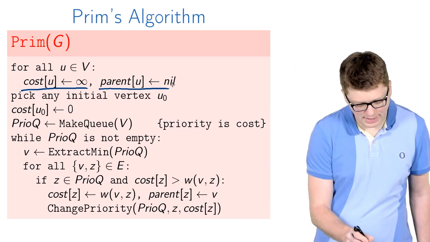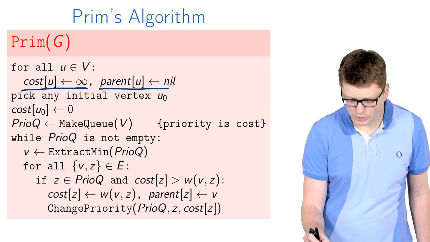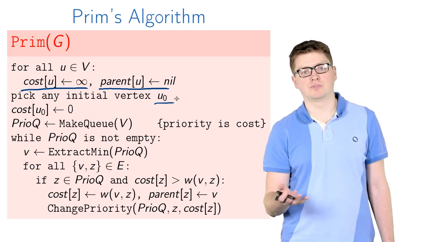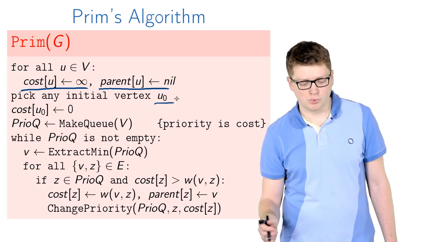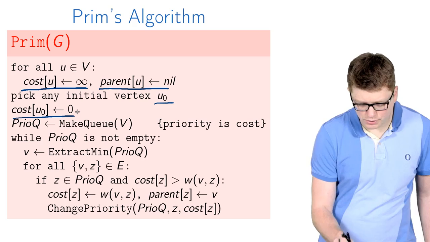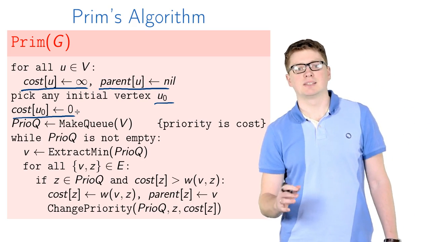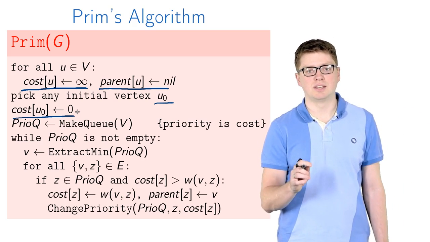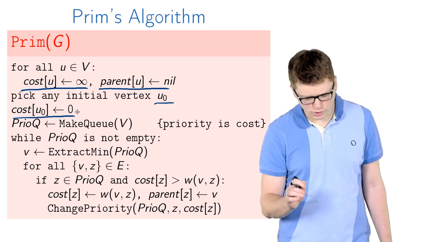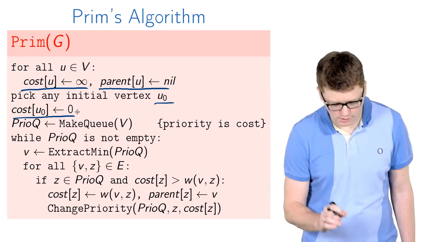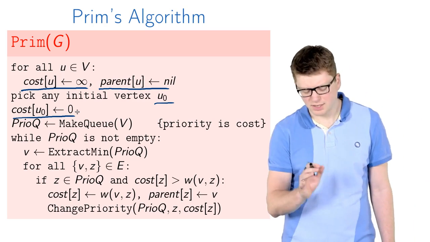Initially, for each vertex of our graph, we do not know its parent. Then we select any vertex of our graph, u0, and we declare this vertex as the root of the tree which we are going to grow. We then update the cost of u0 to be equal to 0, because it is already in our tree.